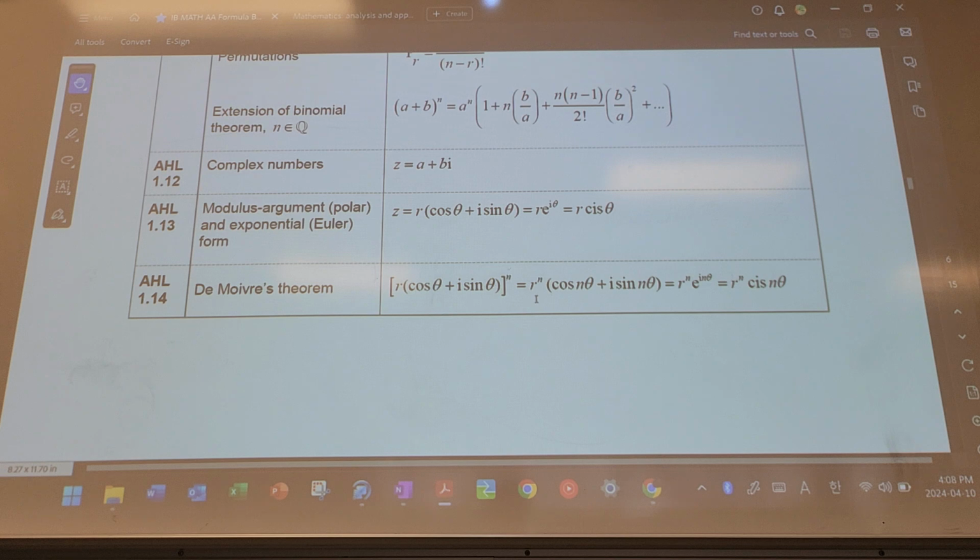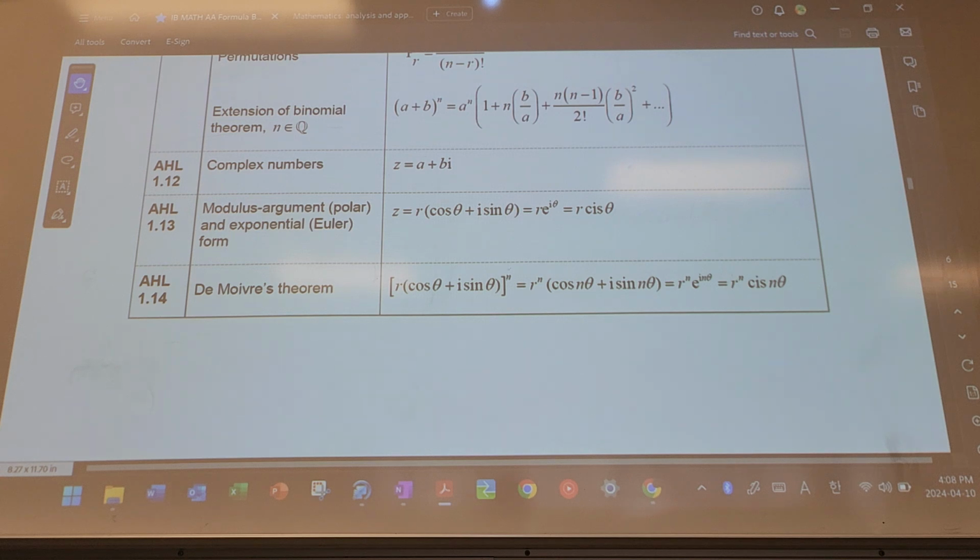But then on the right hand side, r to the power of n is still there, but now the angle is multiplied by the exponent. So that's a way to understand the de Moivre theorem: the r value is raised to the power n, whereas the angle, the argument, is multiplied by n.